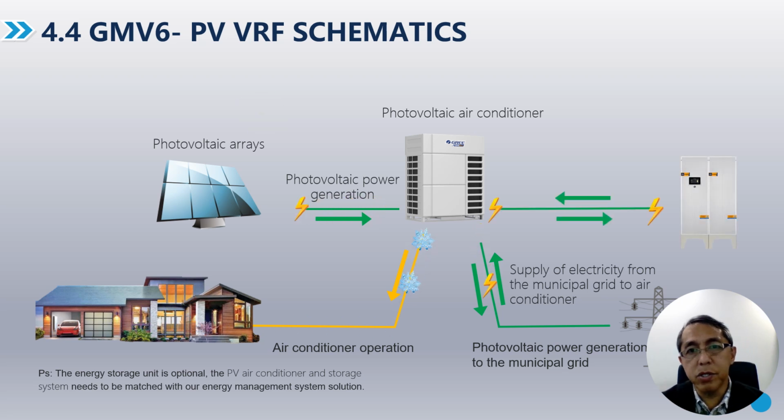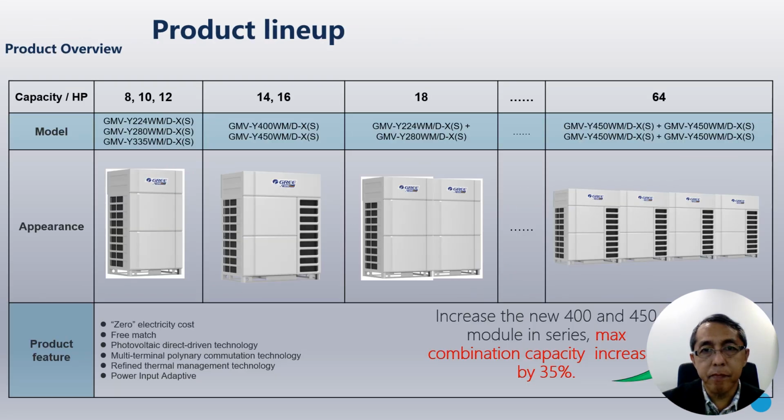And you can also use battery storage to run the system. And if you're not using the outdoor unit, the PBBRF, your battery can be charged directly by the PV arrays. These are all the configurations: 8 to 12, 14 to 16, 18, and 64 HP.